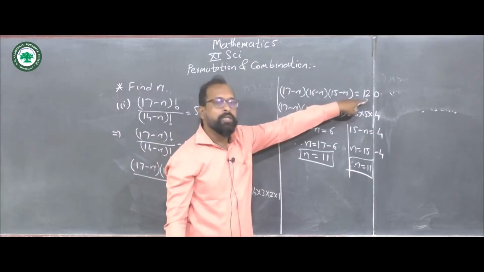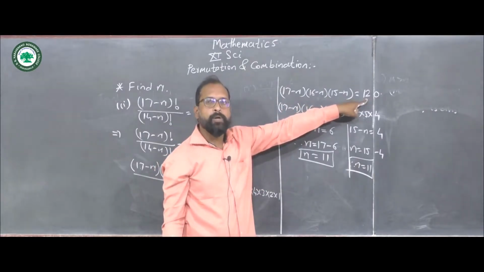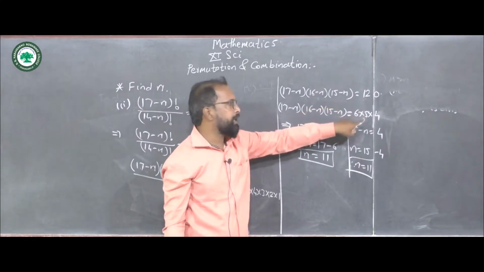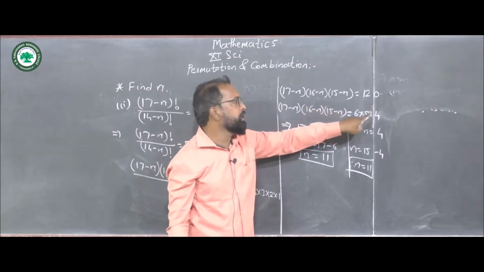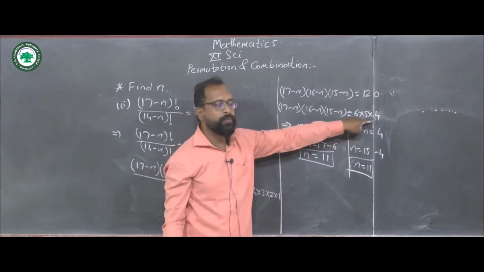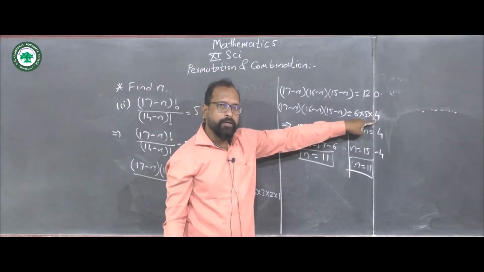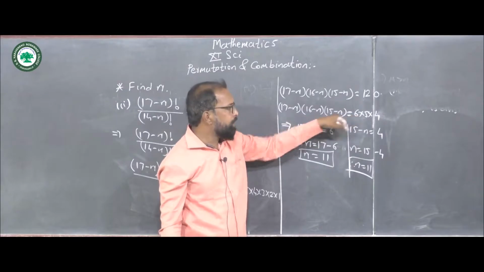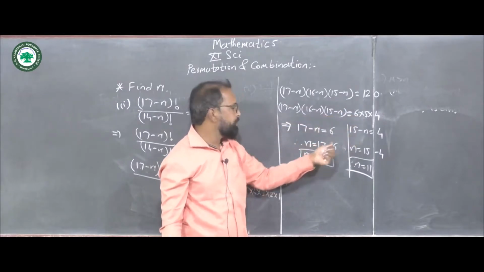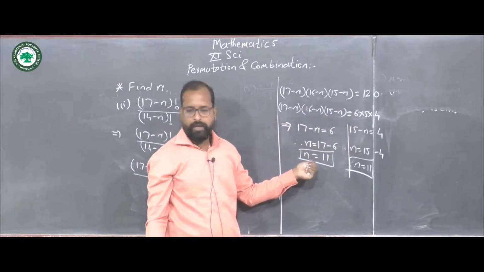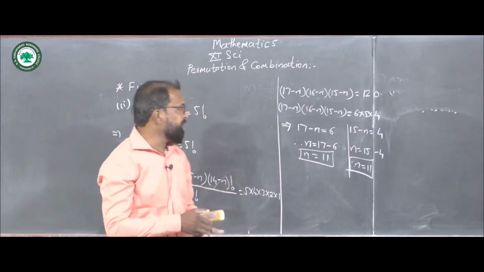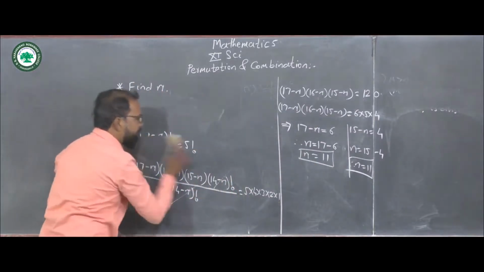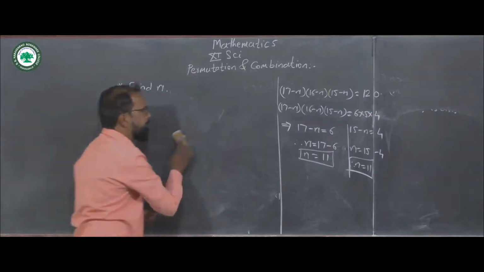Try to write the RHS as a product of consecutive numbers like this. Here we write 120 equals 6 into 5 into 4. It is easy to calculate, and so by comparing these two terms we get n equals 11.